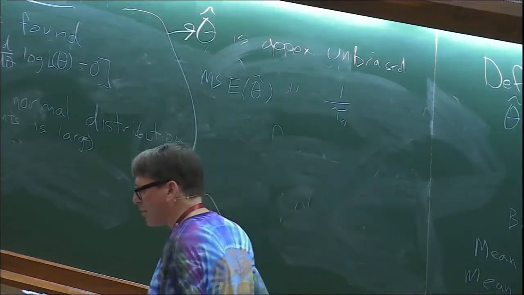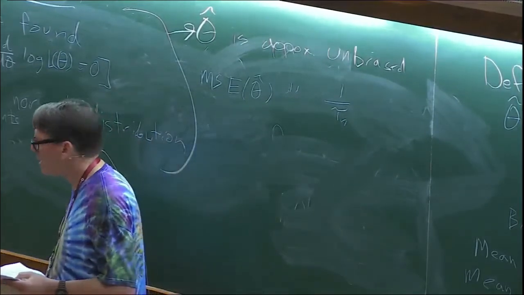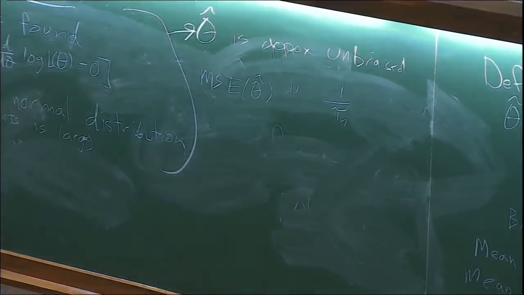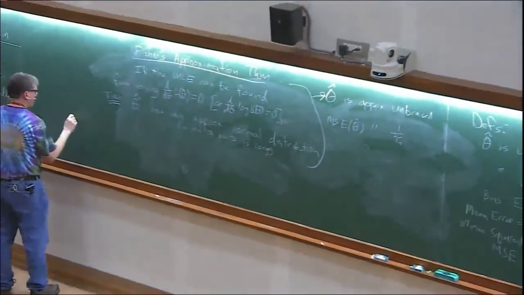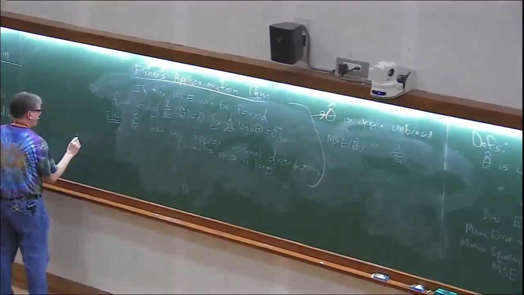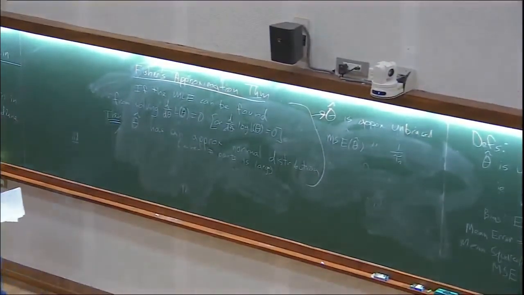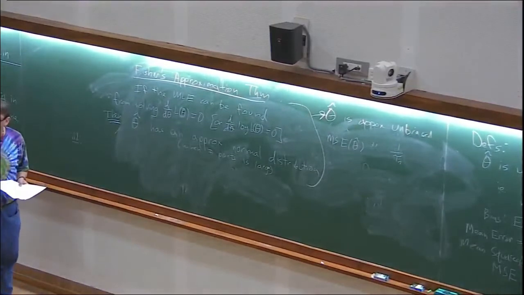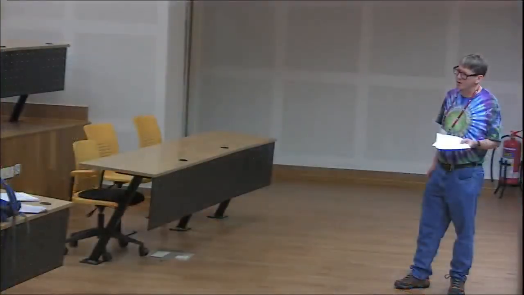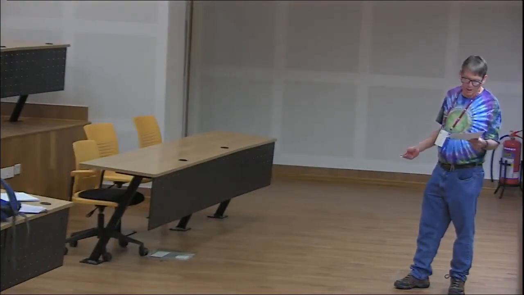So I'm going to give you the IID case only, because it's simple to figure out. The non-IID case is dealt with in the notes. The full general non-IID case is kind of a mess. But let me not distract you.